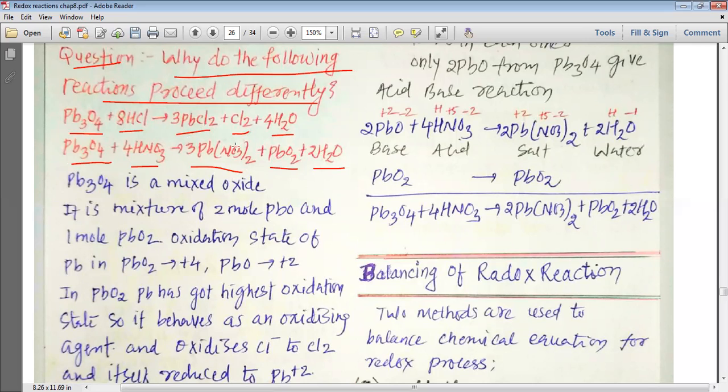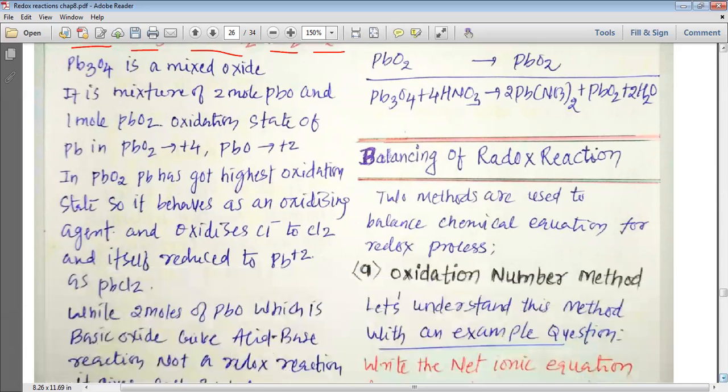So here you can see that we get a different kind of product, that is PbO2, which is not found in the previous reaction. What is the reason that Pb3O4 gives different products with hydrochloric acid than with nitric acid? Let us find out the reason and understand it well.